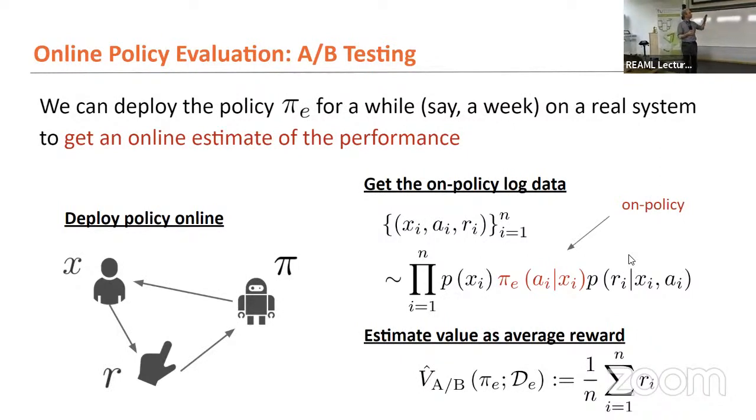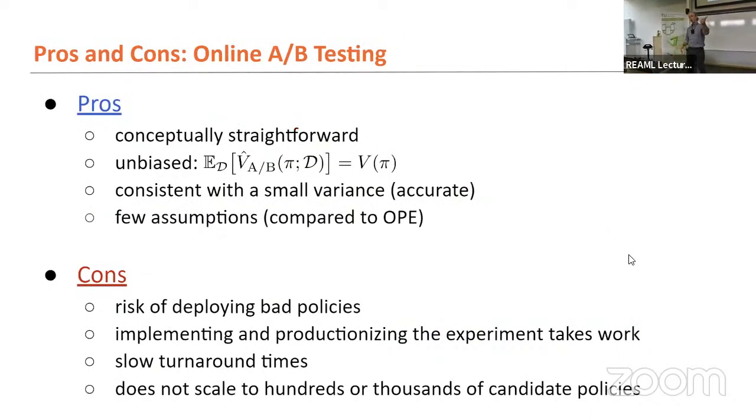You actually have to do this in a big system. It's actually pretty hard. There are a couple of things that you need to do. So the pro is that it's conceptually very straightforward. It's unbiased. If you run it long enough, the longer you run it, the better precision you will have in estimating the expected reward, how good this policy really is.